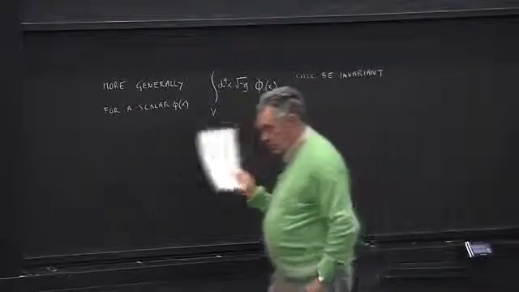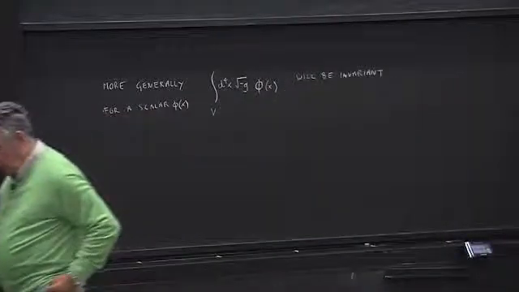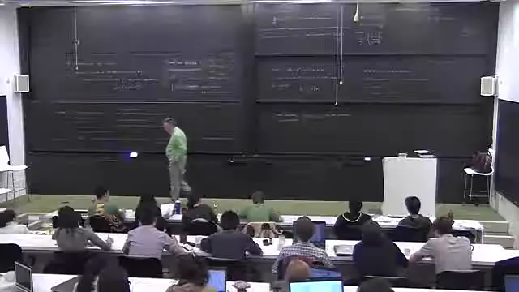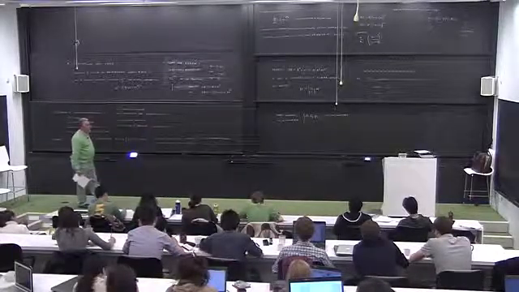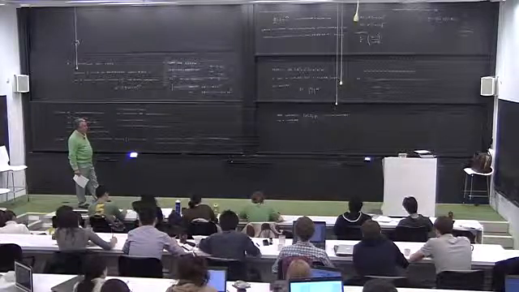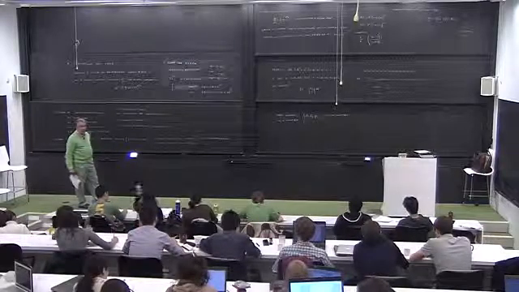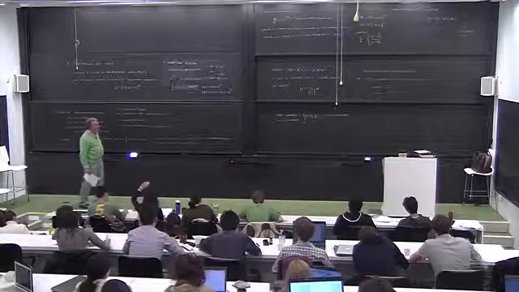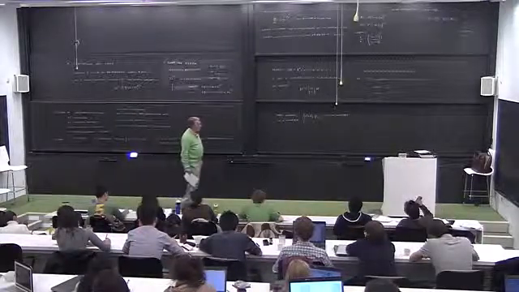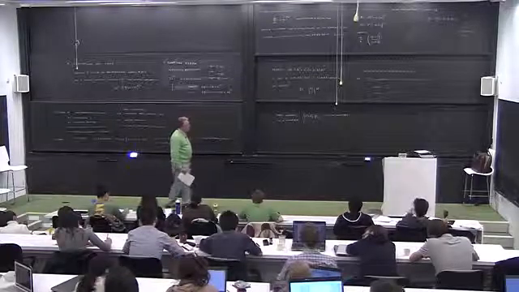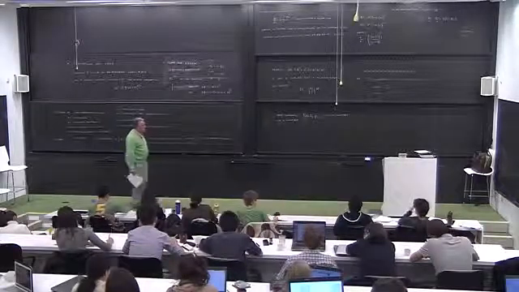So that's the trick, basically, for getting Lagrangians and quantities that transform in the right way under general coordinate transformations: you don't integrate d4x, which is a scalar density, but d4x square root minus g, which is a scalar.